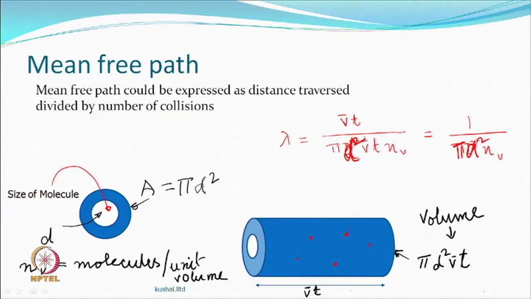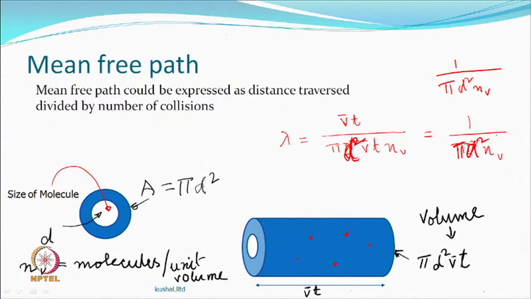So pi d square, average velocity v bar and number of molecules are the ones which are going to decide the lambda. Therefore, if we write it again, lambda is 1 over pi d square n v. Is that okay?